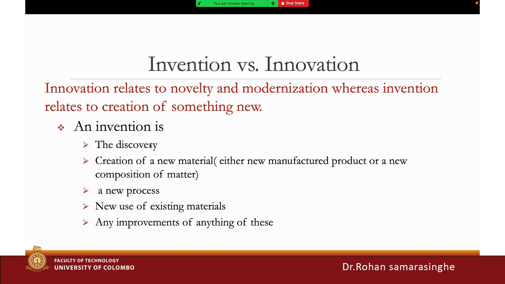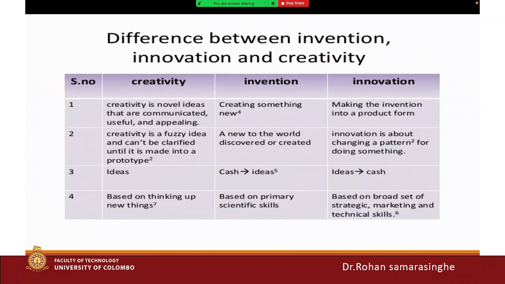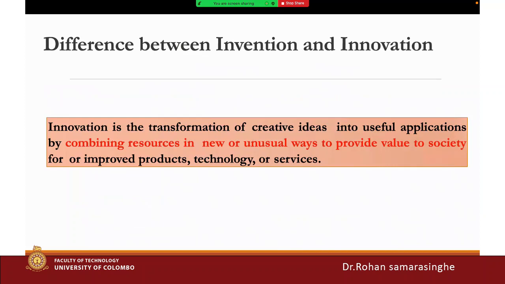So invention is a discovery, creating a new material or new process, new use of existing materials, or any improvement of any of these. Innovation is the transform of creative ideas into useful application. So this is how you can get the real idea of innovation.